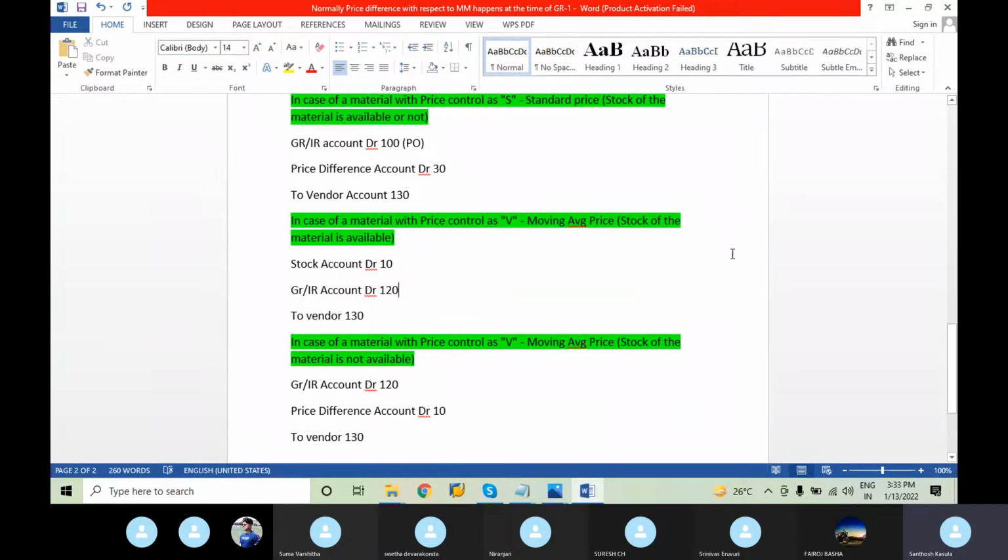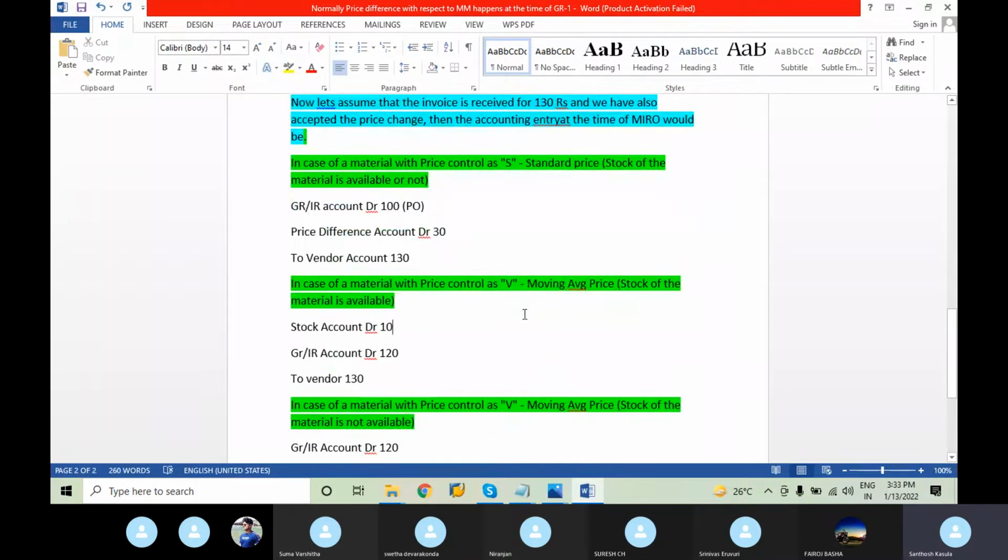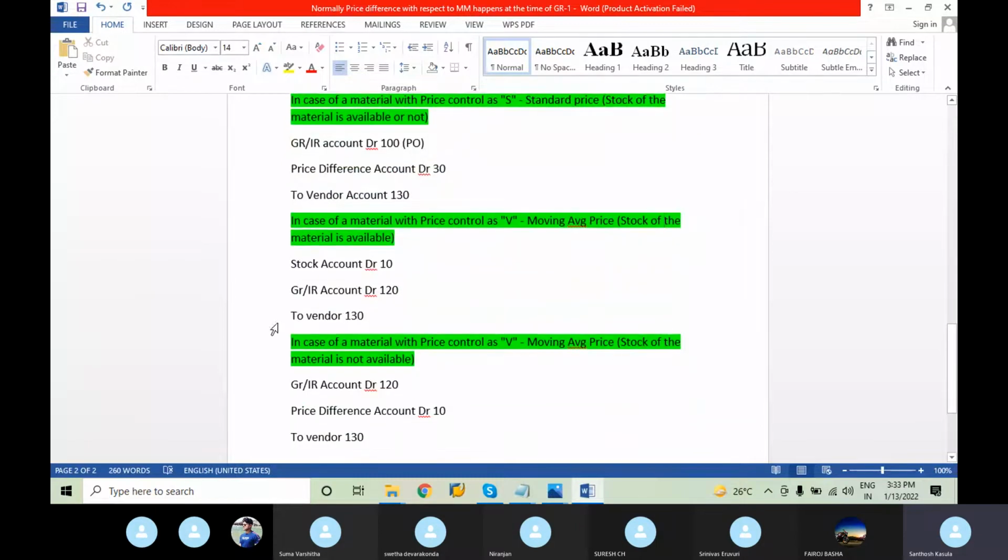This is at the time when we know the stock availability. There are two scenarios in moving average price: one is stock available and one is stock not available. So in moving average price, the vendor we have to pay 130. Stock GRIR is 120 because it is registered in moving average price.